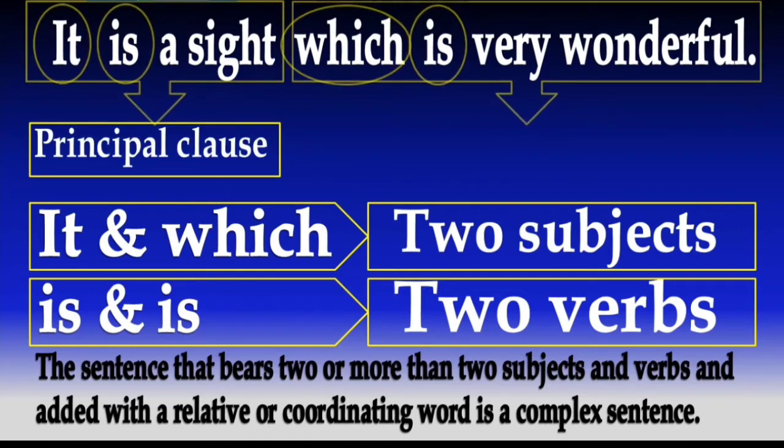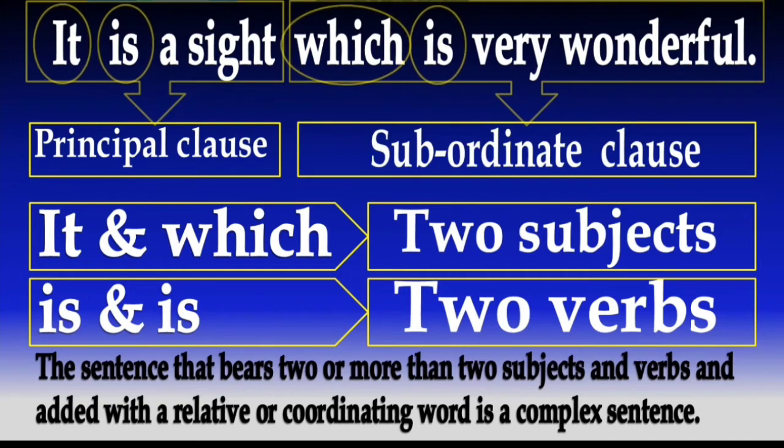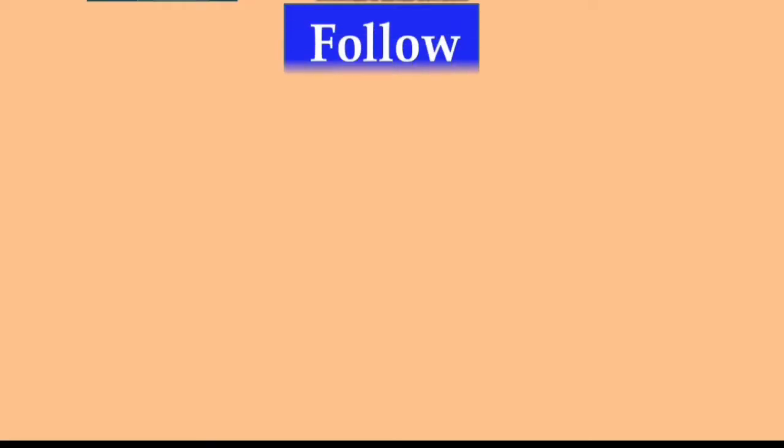In a complex sentence, we have at least two clauses, principal clause and subordinate clause. We may find more than one subordinate clause also in a complex sentence. So now we are clear about simple sentence and complex sentence.